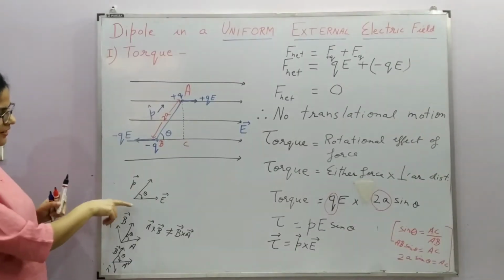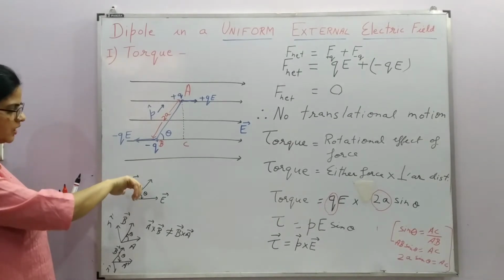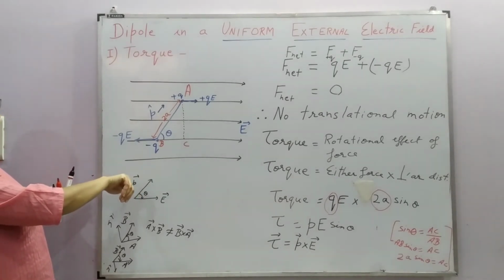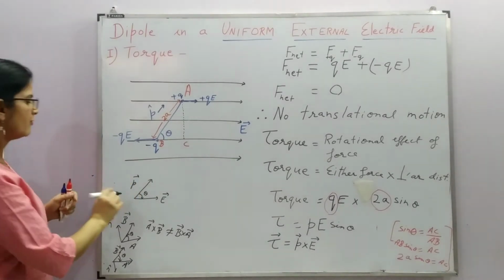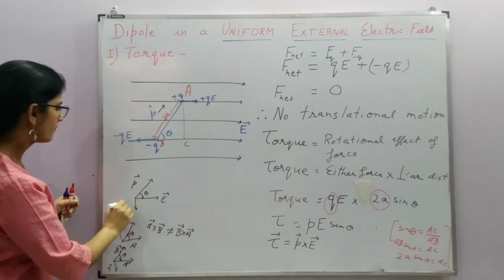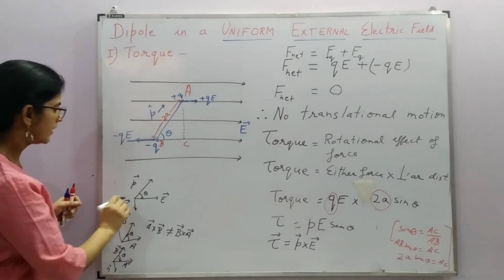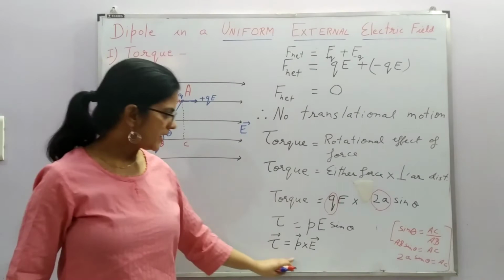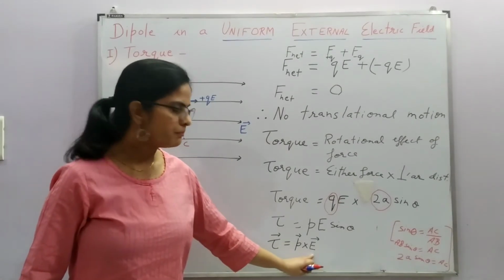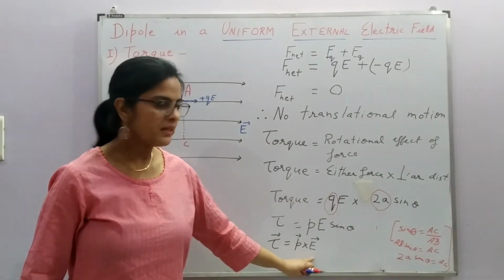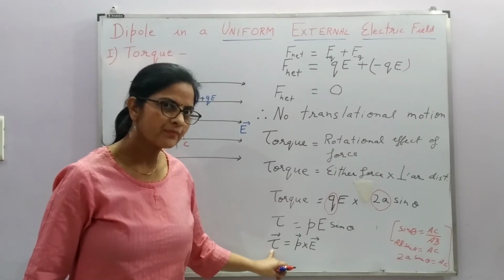So in this case, we are taking this sequence P to E. So that means our torque vector, which is given by the cross product, will be normally inward, because torque is perpendicular to the plane containing P and E, but it will be normally inward, right?